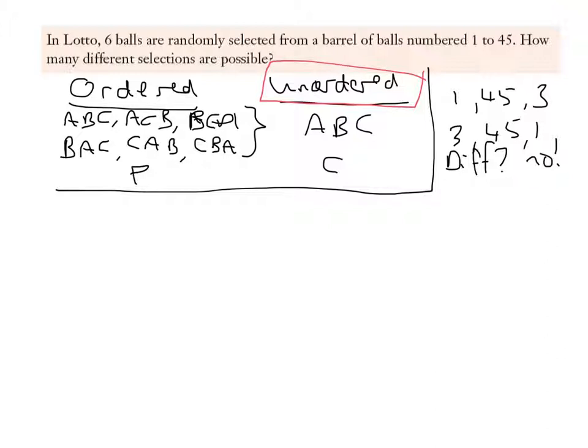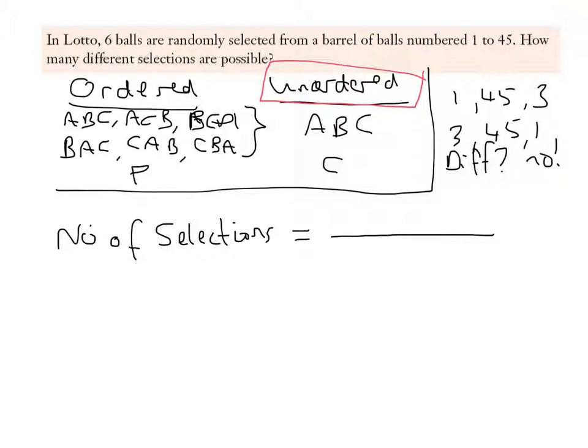Now, let's start answering the question. In Lotto, 6 balls are randomly selected from a barrel of balls numbered 1 to 45. How many different selections are possible? If we start looking at the number of selections, the first ball is 1 of 45.